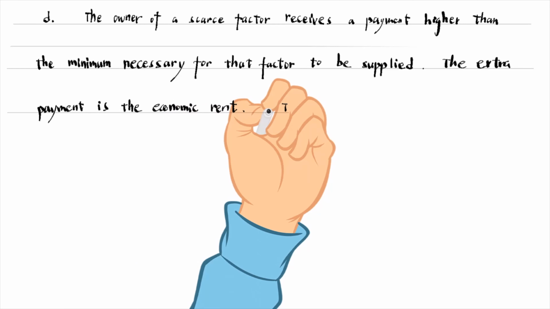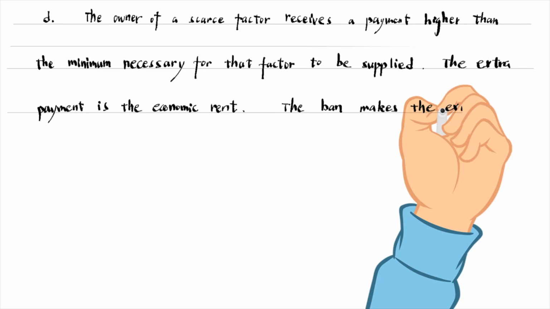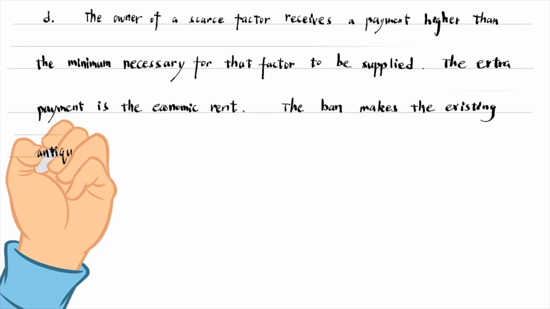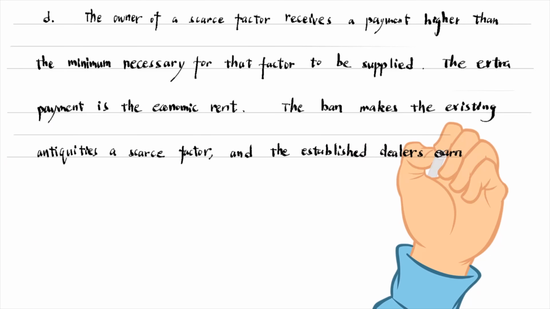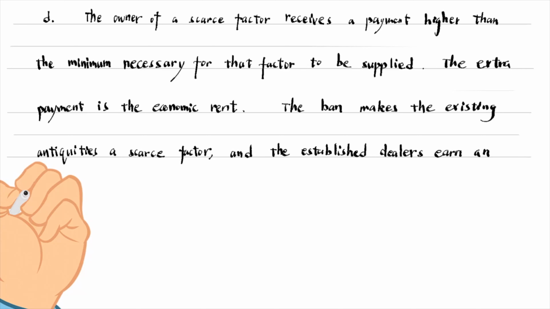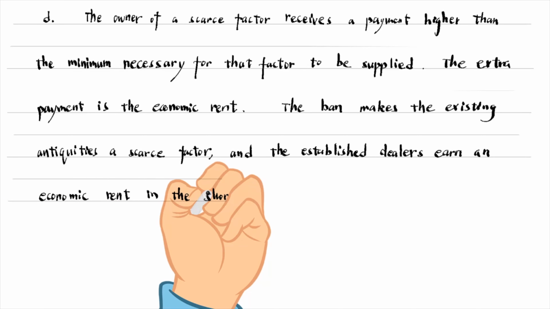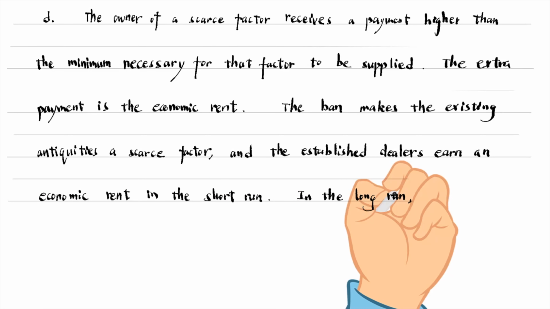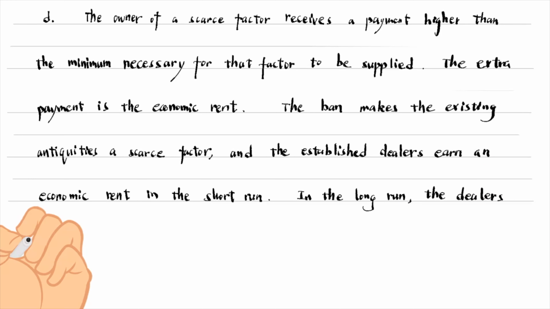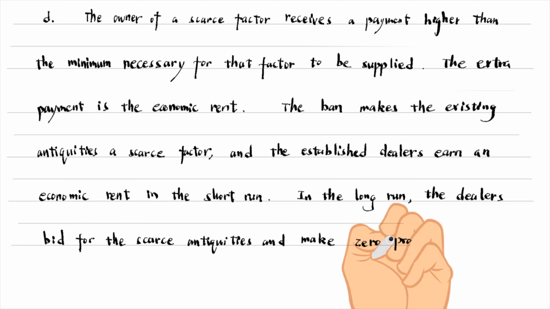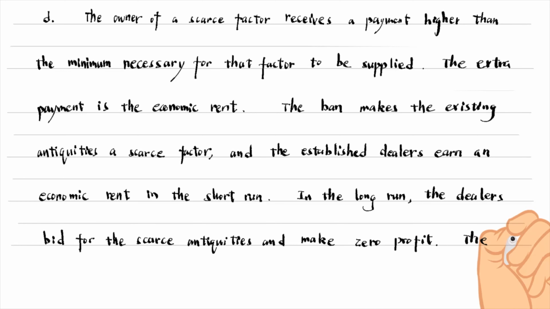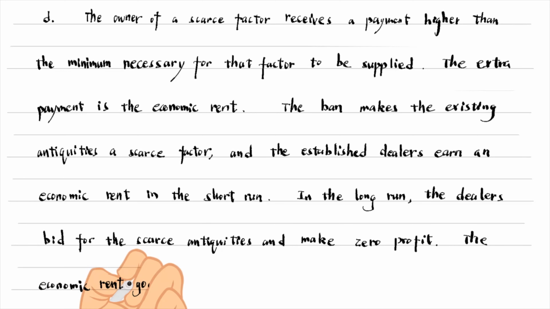The ban makes the existing antiquities a scarce factor, and the established dealers earn an economic rent in the short run. In the long run, the dealers bid for the scarce antiquities and make zero economic profit. The economic rent goes to the owner of the antiquities.